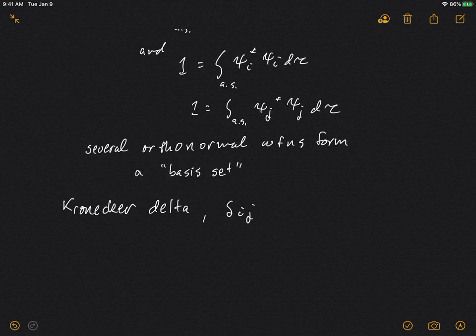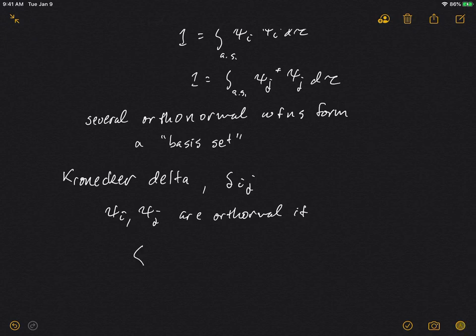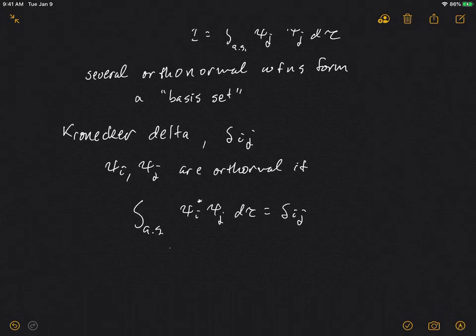And we say that psi i, psi j are orthonormal if this integral over all space of psi i star psi j d tau equals delta ij, where i and j could be two different or the same integer.